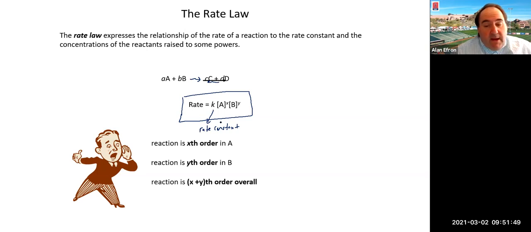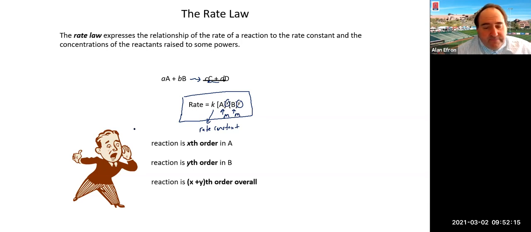The concentration there is the concentration of A, our reactant, usually in molarity. This is also in molarity. x and y are orders. So x is the order with respect to A, and y is the order with respect to B.